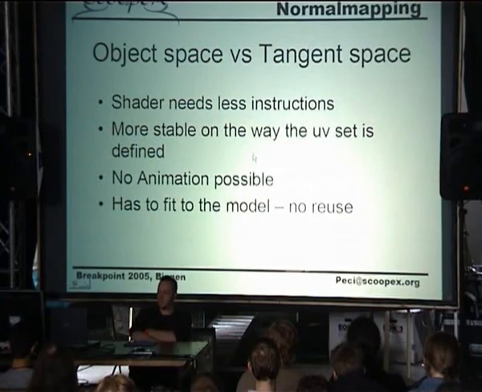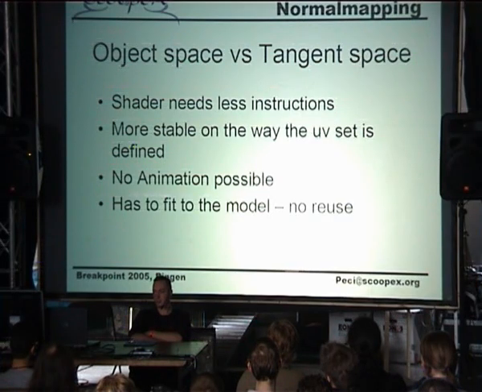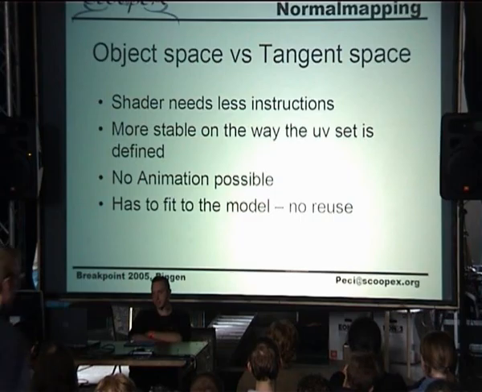Well, it's not that easy, because normally you store the normals in object space, and if you store the normals in the normal map in object space, you cannot really reuse the map.